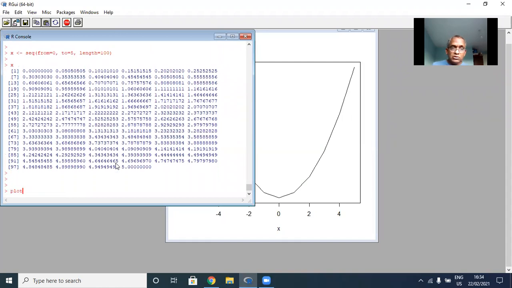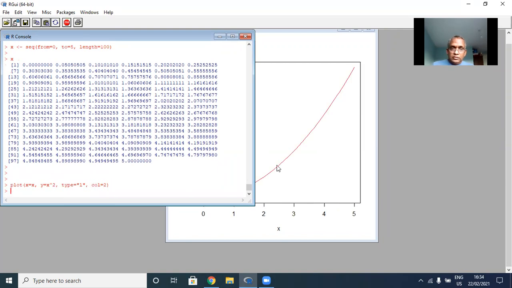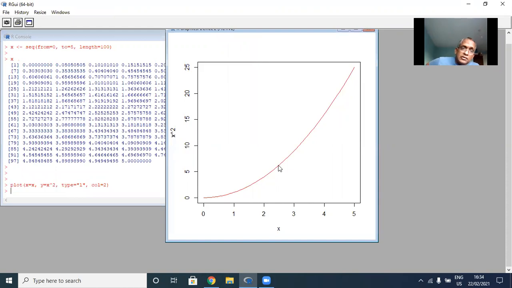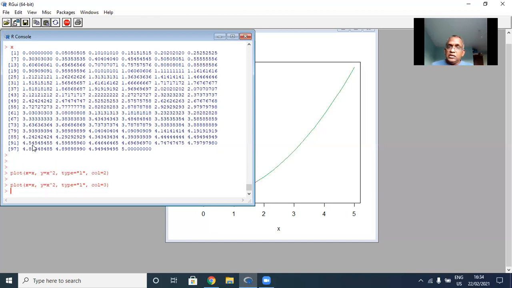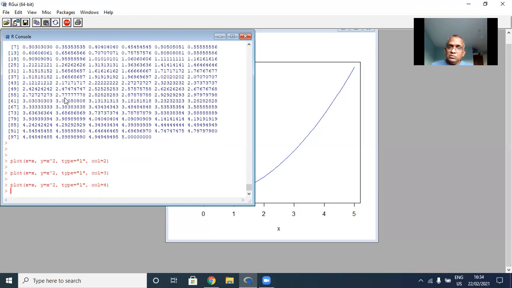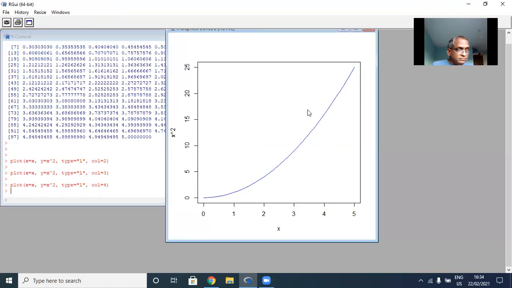And now suppose you want to plot X versus X squared with type equal to L and color equal to 2. This is what you will get, right? And you can change different numbers for color, like color equal to 3 is green, right? Color equal to 4 is blue, and so on, right?